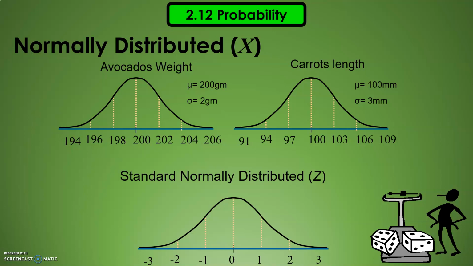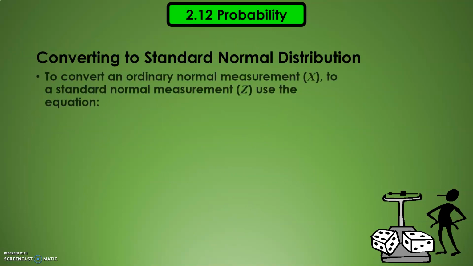So we talk about normal distribution, things in the real world, being X, and standard normal distribution being Z. To convert to a standard normal distribution, it's a pretty simple calculation. Z is equal to the real world value X, take away the mean, divided by the standard deviation. What that calculation does is work out the difference between your real value and the mean, and then see how big that is compared to the standard deviation.